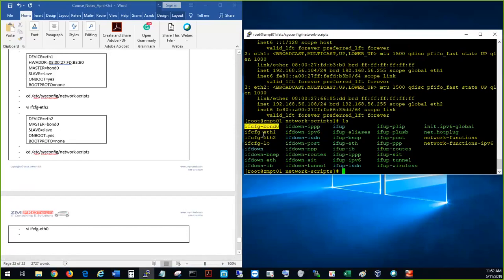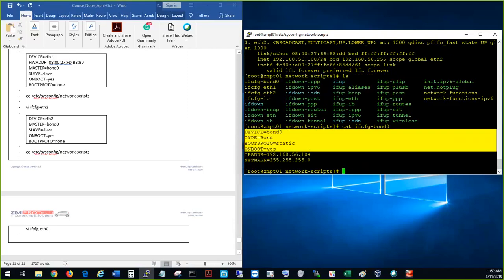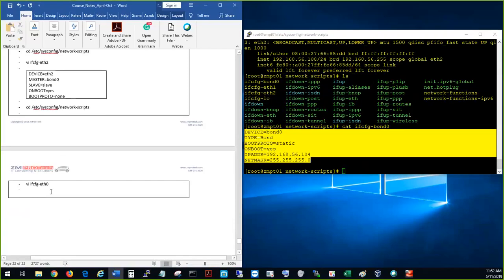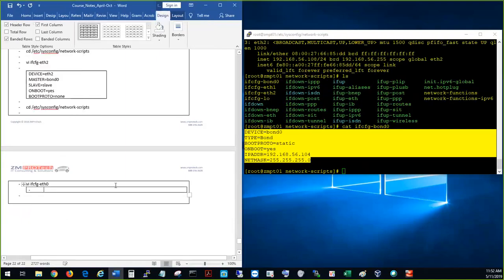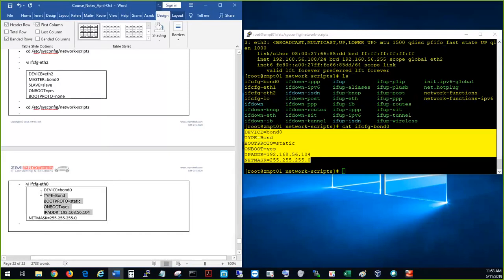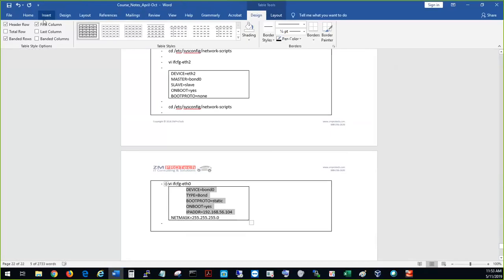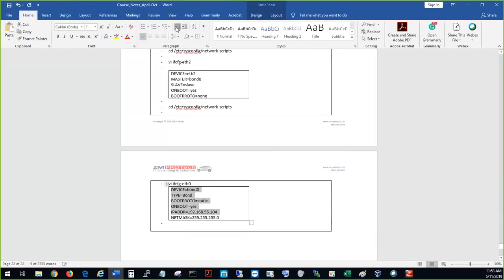See, bond0 is there, and Ethernet 1 and Ethernet 2 are there. So I'm going to do cat.